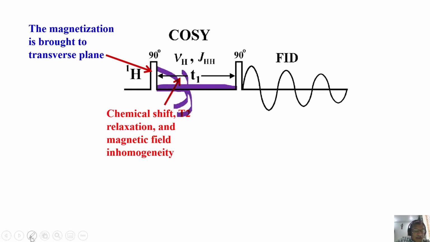They start evolving as a function of chemical shift, as a function of their T2 relaxation, and if there is a magnetic field inhomogeneity, all these factors contribute here. All these things will make the magnetization start evolving in this period.